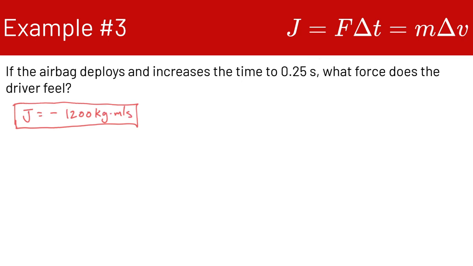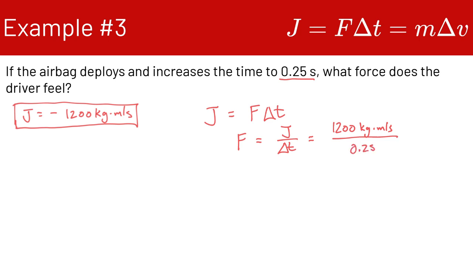Okay, so for example 3, we want to know if the airbag deploys and increases the time to 0.25 seconds, what force does the driver feel? Similar problem here. We have our impulse is equal to force times delta T. We're still trying to find the force, so we're going to solve for force. Force is equal to impulse divided by delta T. Our impulse, again, is 1,200 kilogram meters per second. Divide that by our time, 0.25 seconds.